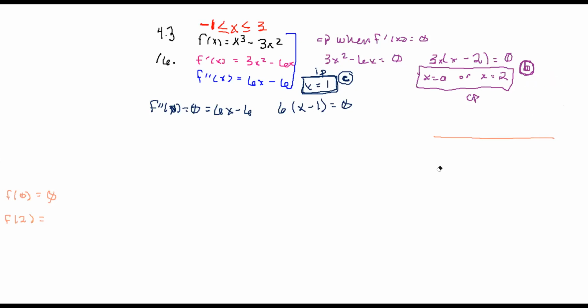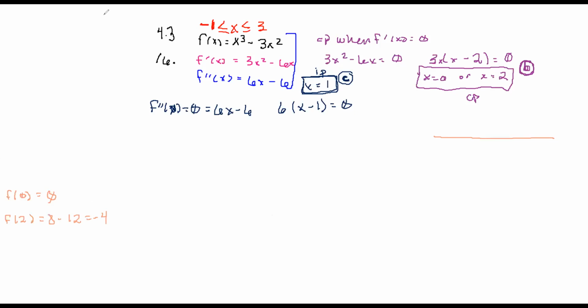Just make sure that you're in tune with what is going on with the interval. So f of 0 is equal to 0. F of 2 is going to be equal to 8 minus, that's 3 times 4, 12, is equal to -4.